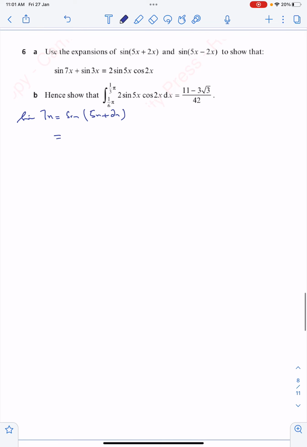compound angle identities here. This will become sine of 5x cos of 2x plus cos of 5x sine of 2x.